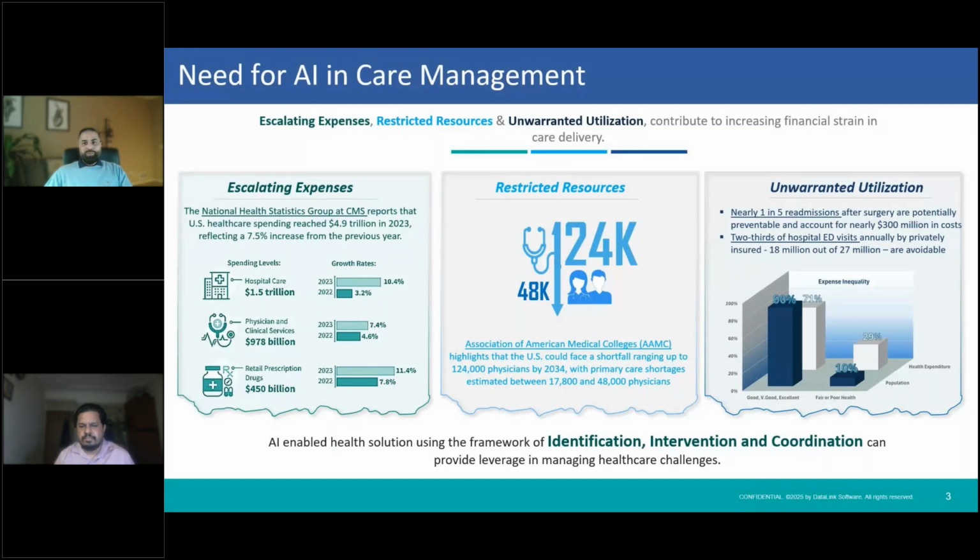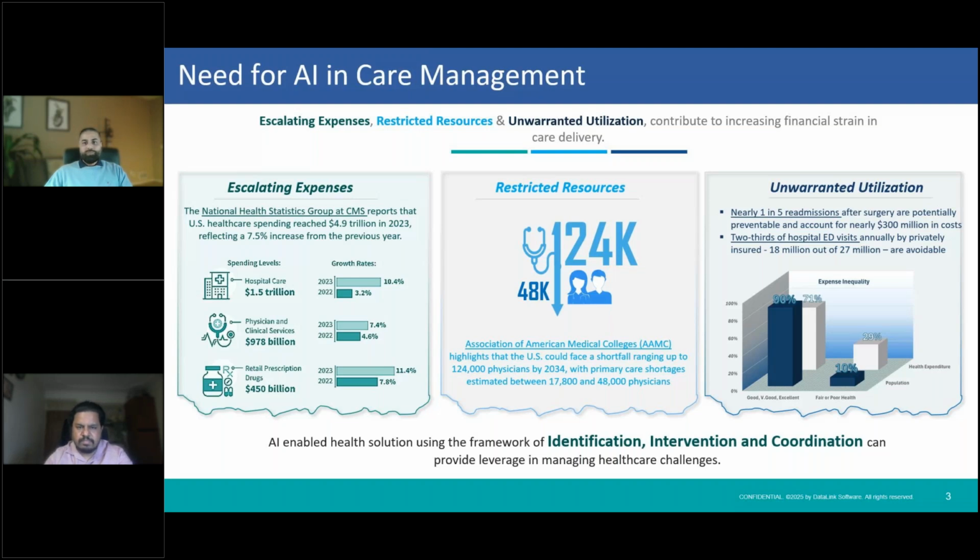Data also reflects that 1 in 5 readmissions after surgery are potentially preventable, highlighting the gaps between post-acute care and care coordination. Alongside that, two-thirds of hospital ER visits in the commercial population are avoidable, often driven by gaps in care coordination or lack of proactive interventions.